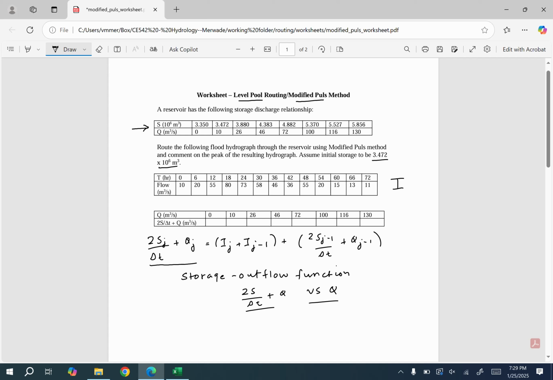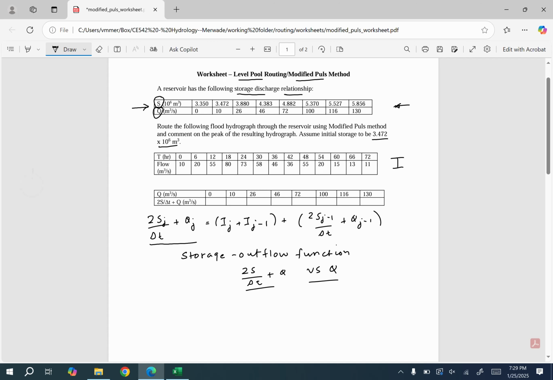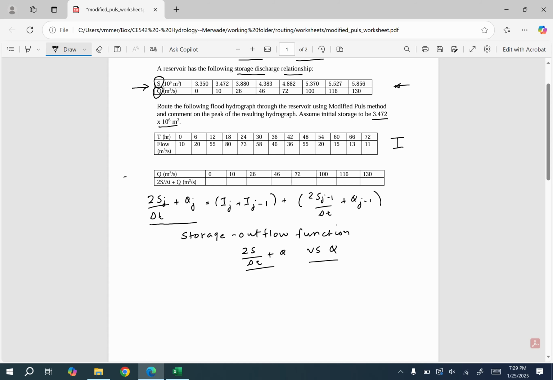The storage discharge relationship can be given as an equation or a function, or in the form of data, which is what you see here. So we have S values and Q values. By using this, we will develop the storage outflow function, and what is given here is an empty table to populate it.